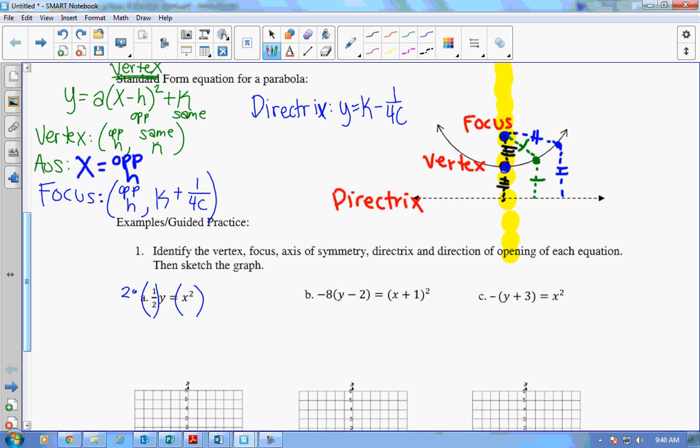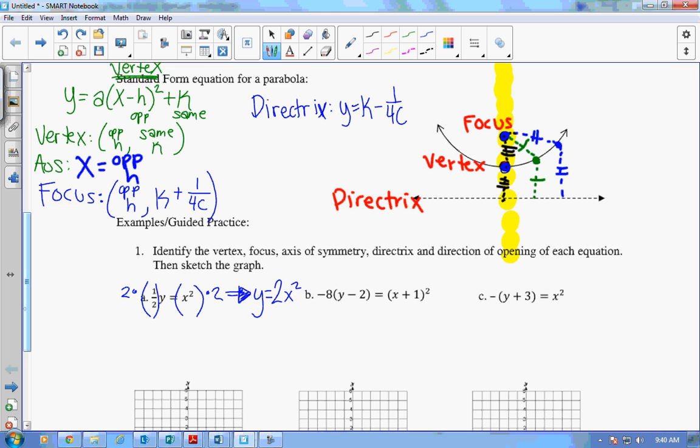But dividing by 1/2 also works. So I'm going to put a yield sign. You can't put an equal sign because it's not equal. You need to put y equals 2x squared. These arrows are mathematical yield signs. Okay? So that is our vertex form.